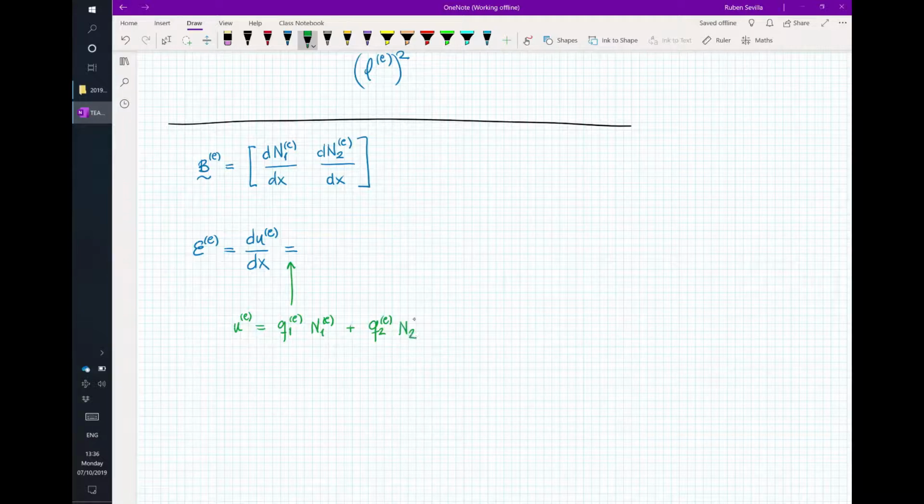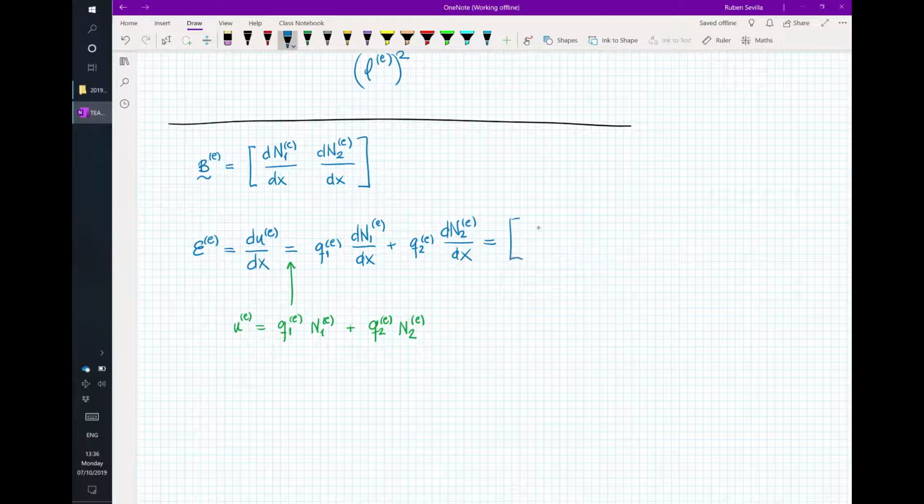I'm talking about one element only now. In one element I only have two shape functions, so displacement is just one coefficient times one shape function, plus another coefficient times another shape function. If I do that, the derivative of the displacement is the coefficient times the derivative of the first shape function plus the coefficient times the derivative of the second shape function.